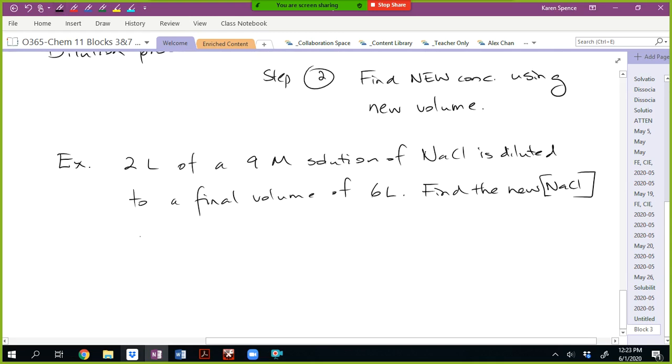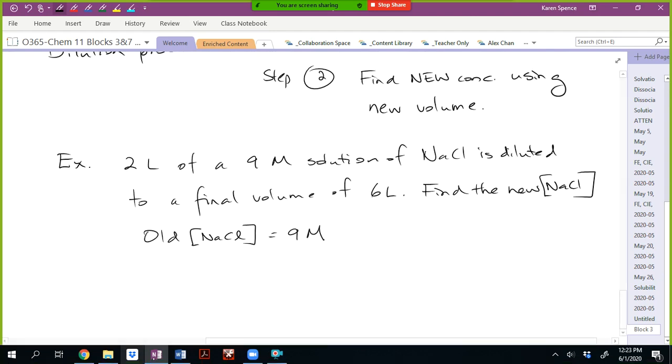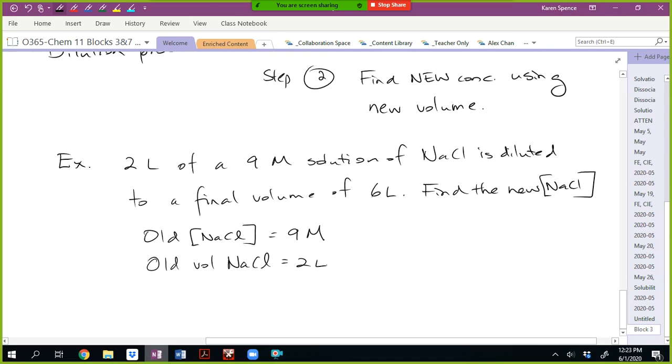All right, so step number 1, we're going to be finding the moles. So we're going to start with our old concentration of sodium chloride, which is 9 molar. That's our original concentration. And our old volume of sodium chloride is, well, we started with 2 liters.